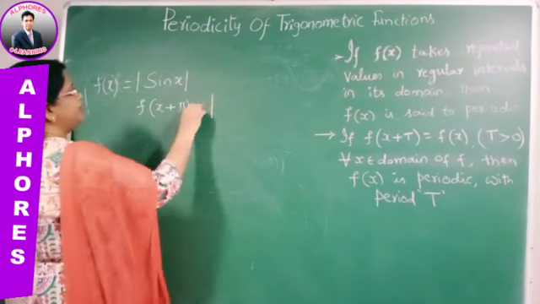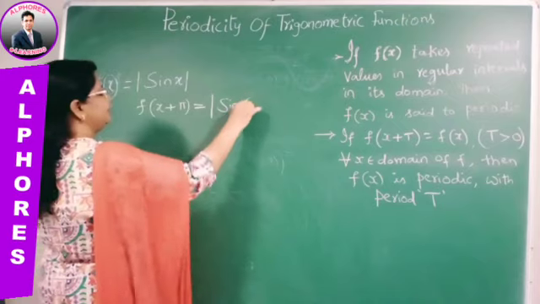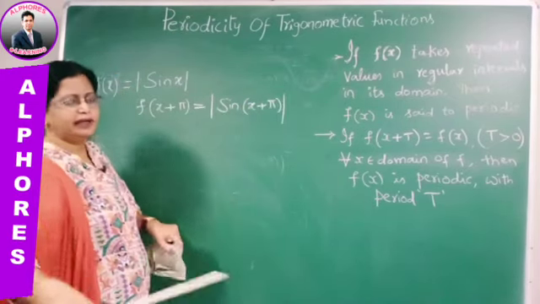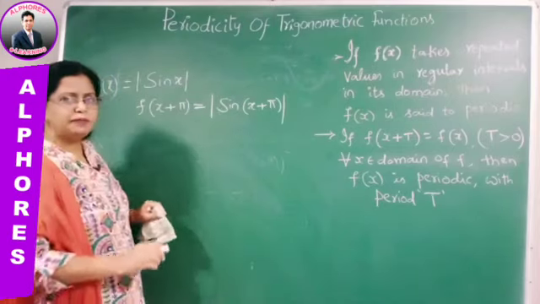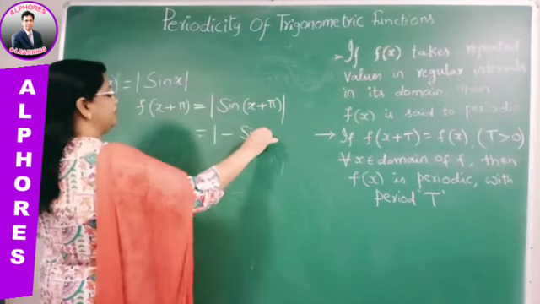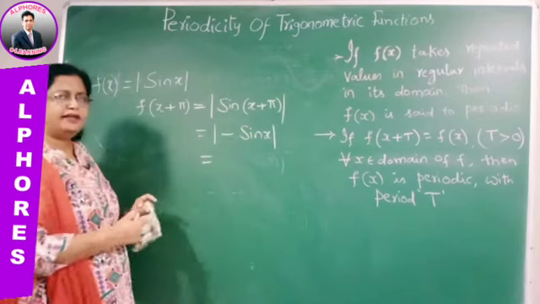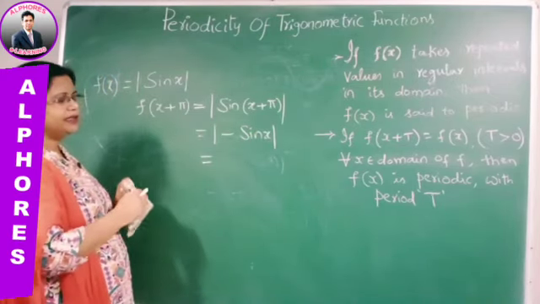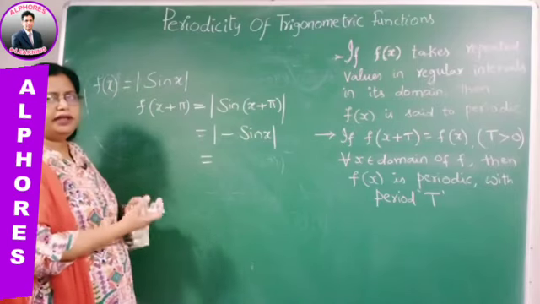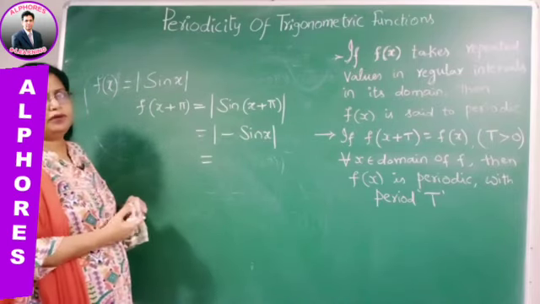Therefore this is mod of sin of x plus pi. But students, what is the value here? That is sin of x plus pi, you know clearly it is minus sin x. Got it? And immediately don't write the value as sin x, because here you don't know the x value. X can be anything belonging to different quadrants.